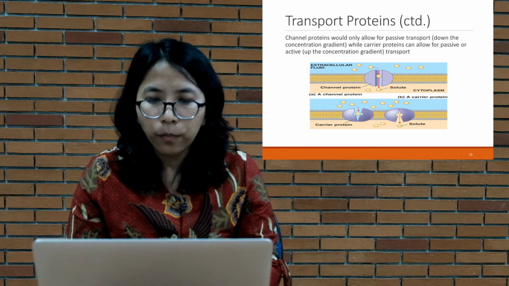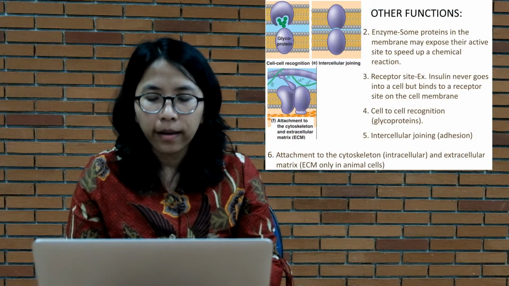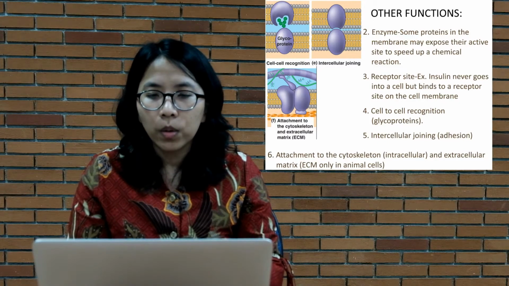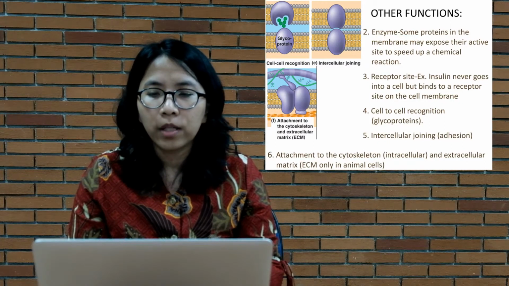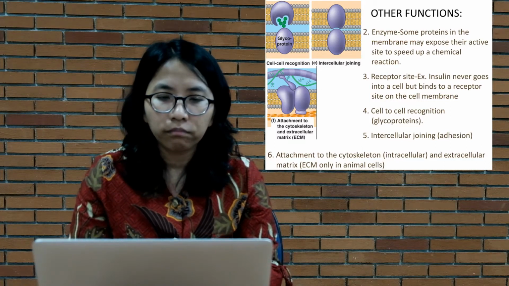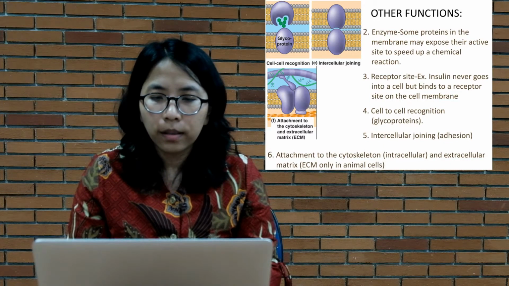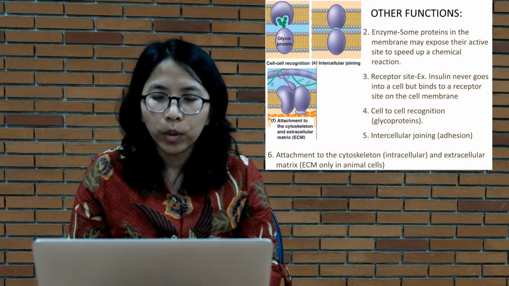Other functions of membrane protein. The second one is that it can act as an enzyme. So some proteins in the membrane may expose their active site to speed up chemical reactions. The other function is to be a receptor site.